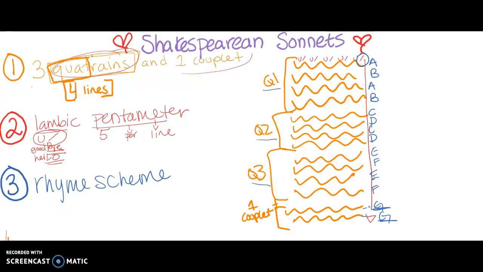Each sound is unique, so we name it by a letter. So these last syllables rhyme with each other, and no other last syllable of the sonnet. Let's see these 3 constraints in action.